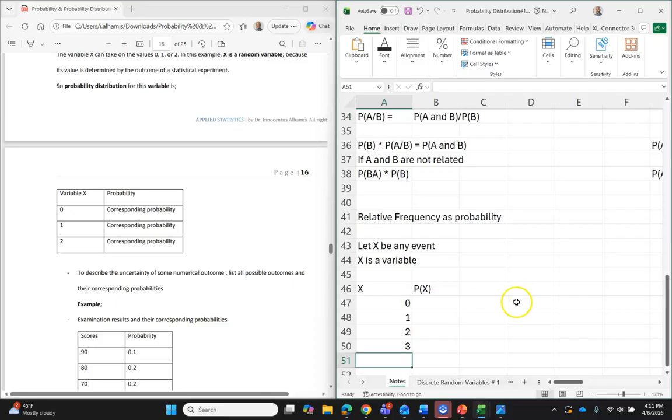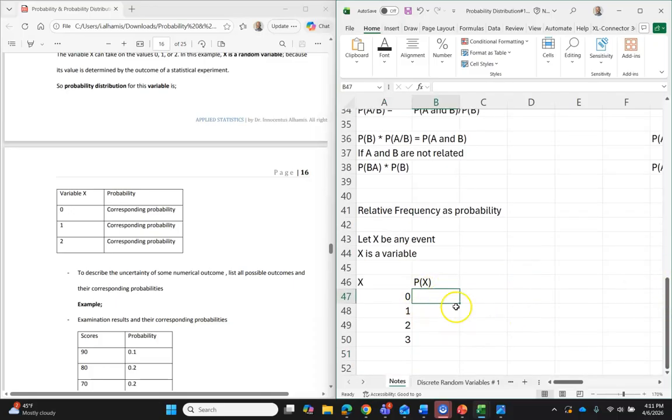For the corresponding probabilities, we can identify any kind of probability as long as they sum up to 1. So let me assume any probability values at this moment. Let me say 0.2.